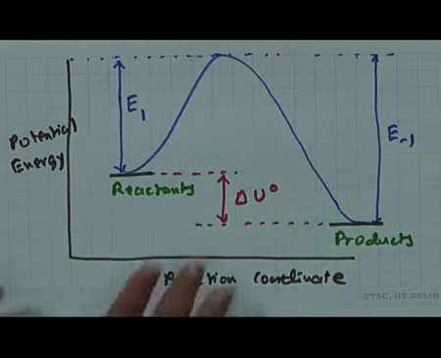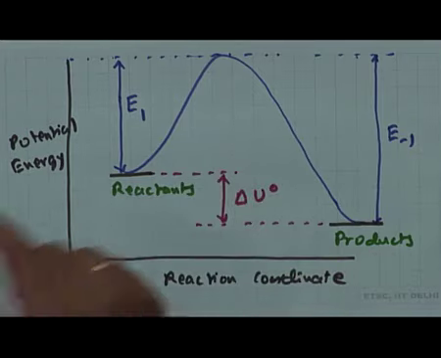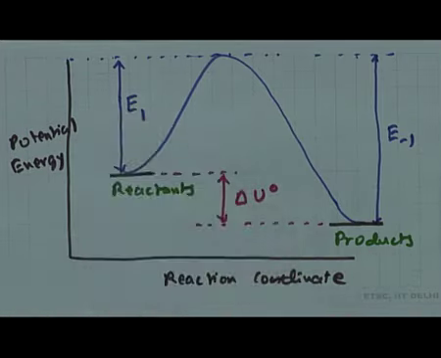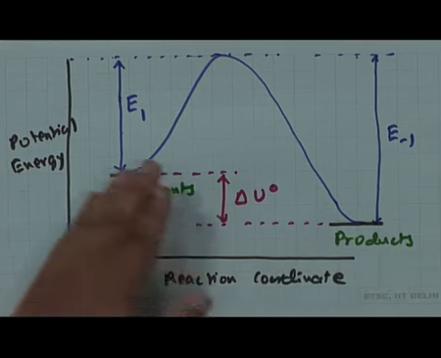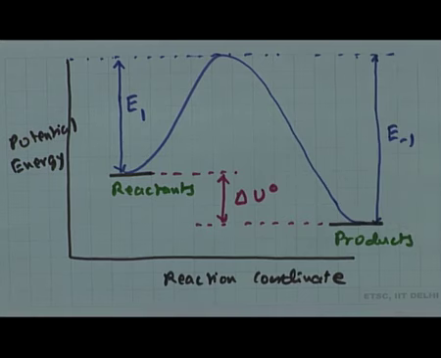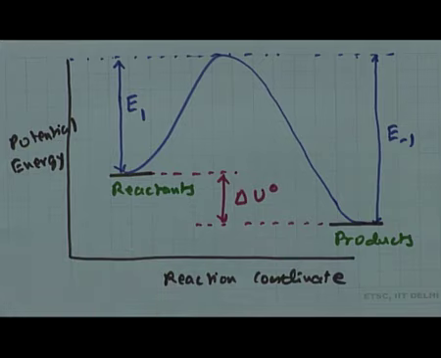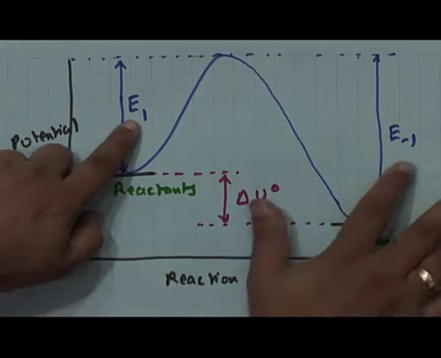So, for the reactants to go over to the product side, they have to surmount an energy barrier given by E1. So, this E1 is the energy barrier. On the other hand, if the products have to come back to the reactants, they have to surmount an energy barrier given by E minus 1. As I said before, E1 is the energy associated with the forward reaction and E minus 1 is the energy associated with the backward reaction.